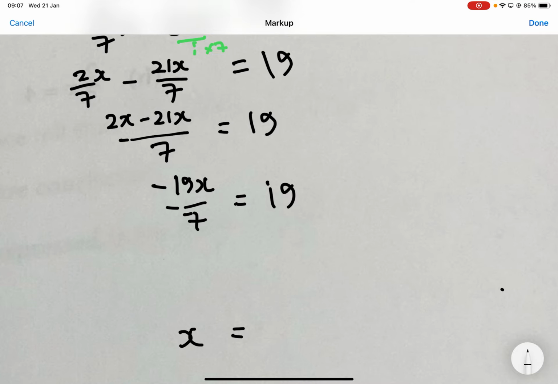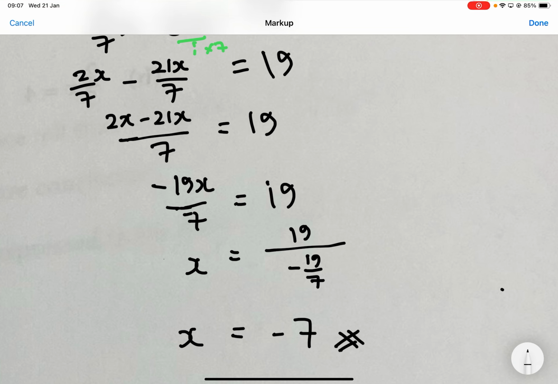Finally, if I just want 1x, I will divide 19 by negative 19 over 7. Answer.